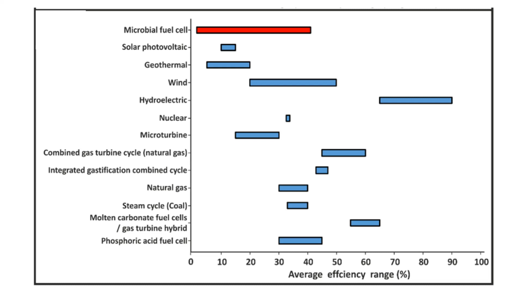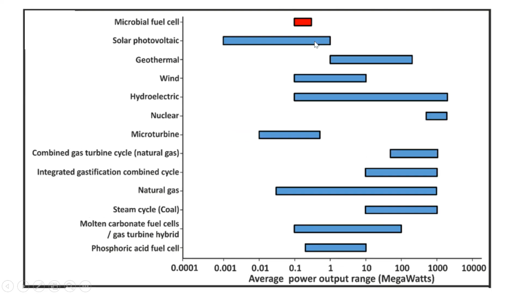Here we see the average power output of a range of fuel technologies, including both traditional energy sources and alternative renewable energy. We see the average efficiency of the microbial fuel cell, and the average power output range in megawatts.